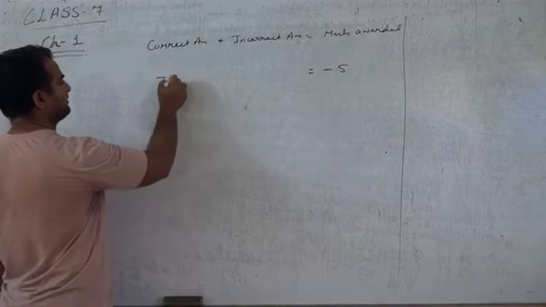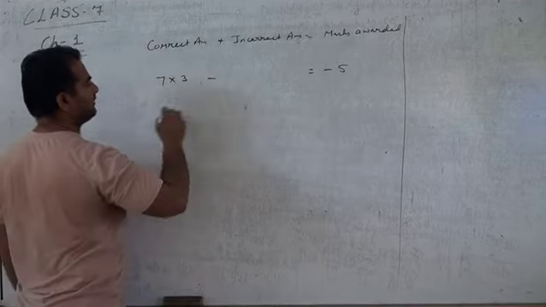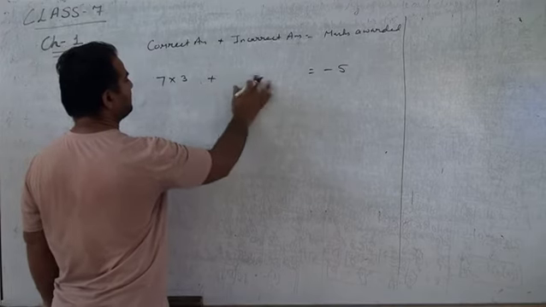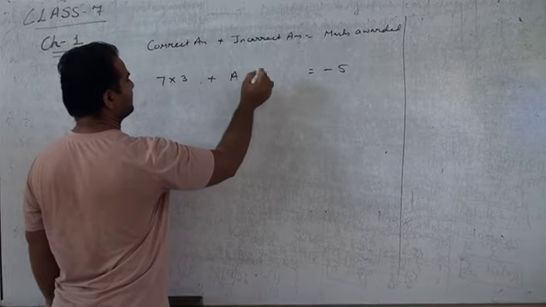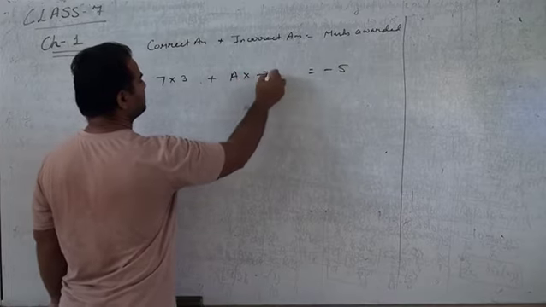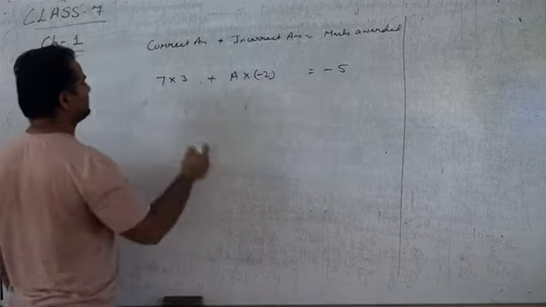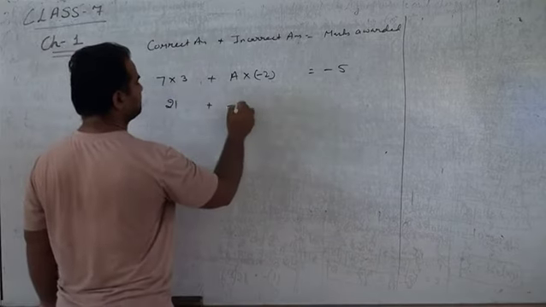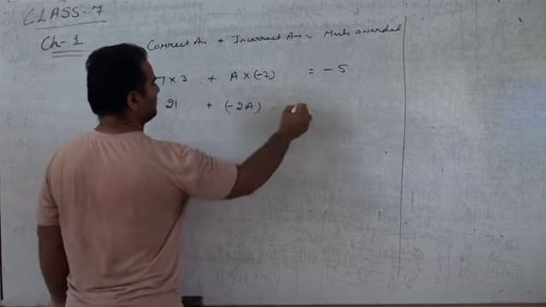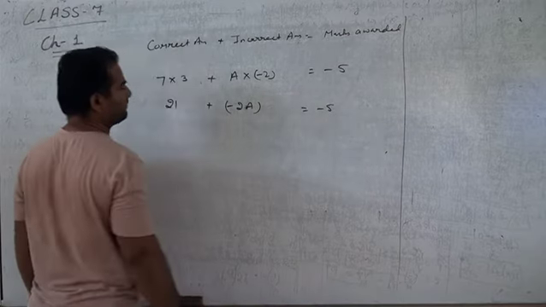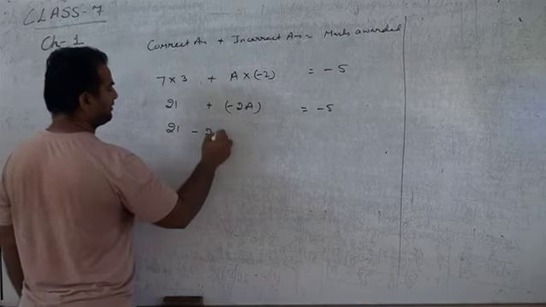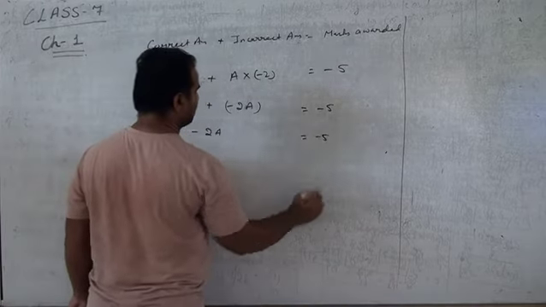Then it will be 7 into 3 plus minus 2 marks for each incorrect answer, so the incorrect answers will be A into minus 2. 7 into 3 is 21 plus minus 2A equals minus 5. So it will be 21 minus 2A equals minus 5.